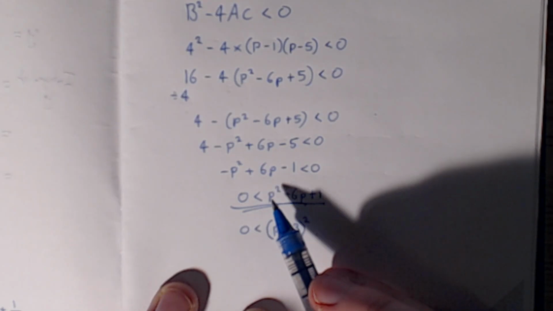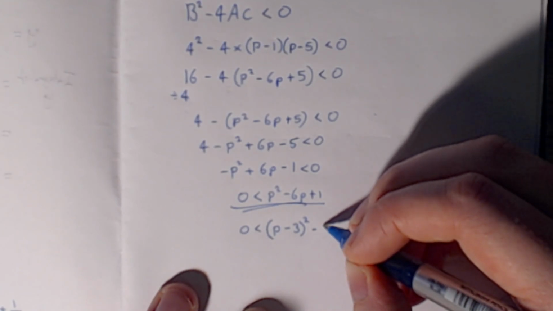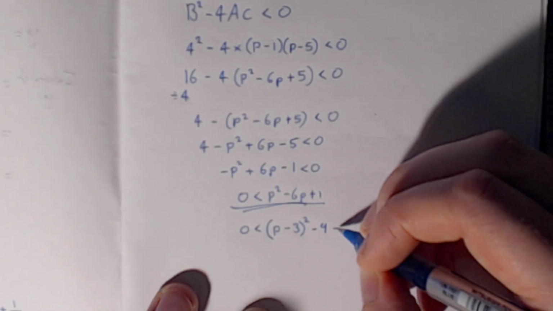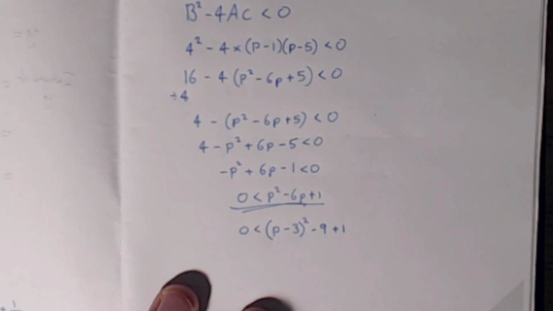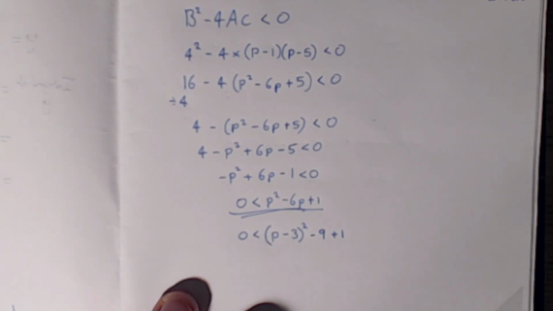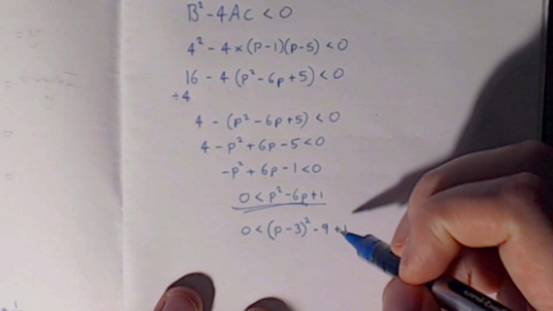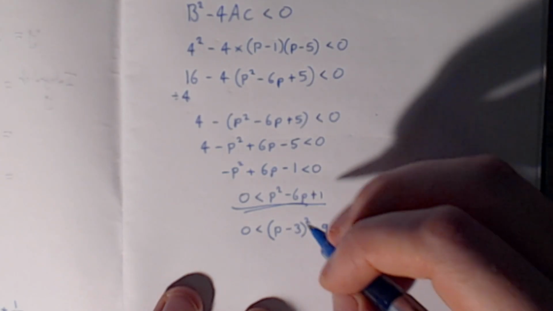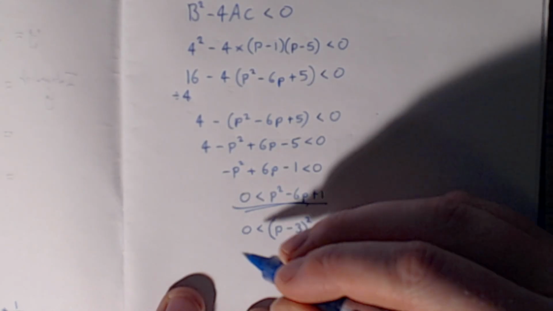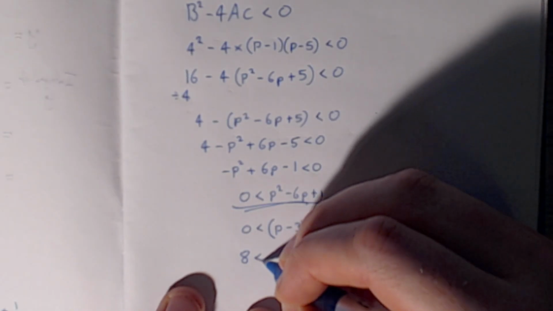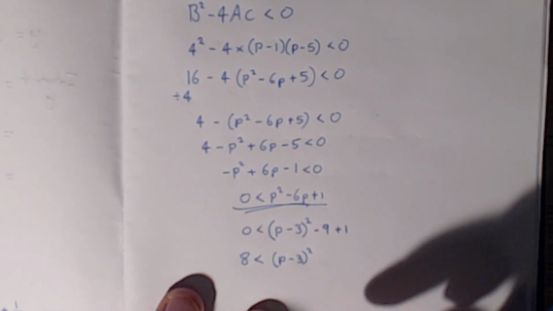When we expand this out, we'll get p squared take 6p, and a plus 9 there, so we want to get rid of that. We'll add 1. Again, there are questions and examples available to help you if you're not quite sure where this came from. Rearranging this, that becomes negative 8, so we'll put that over to the other side. So we get 8 is less than (p take 3) squared.